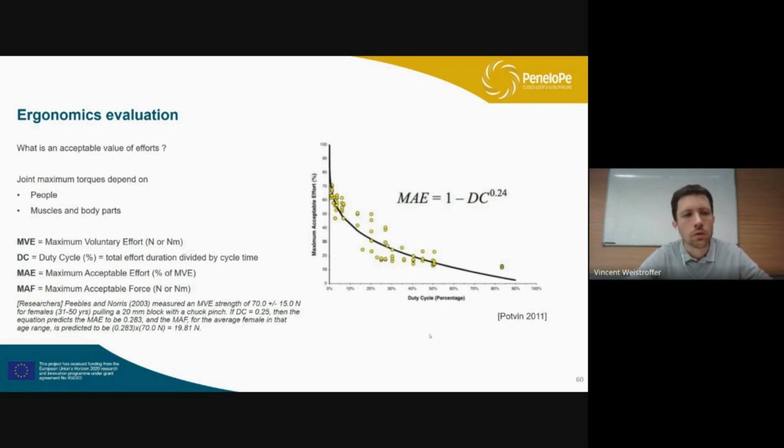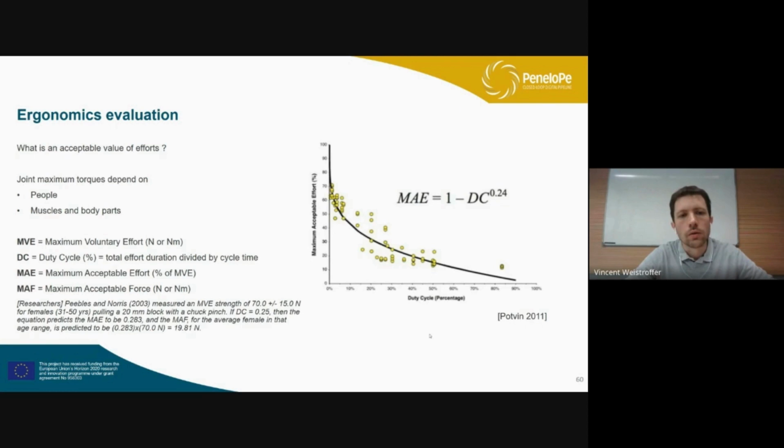So if you want to apply force on a wall, what would be the maximum voluntary effort you would want to apply? Then you have the duty cycle, which is the total effort duration divided by cycle time, which is the percentage of time you spend applying an effort during your cycle time.